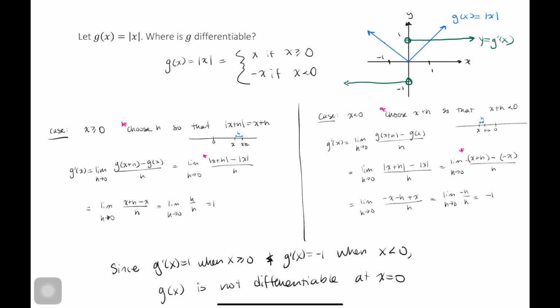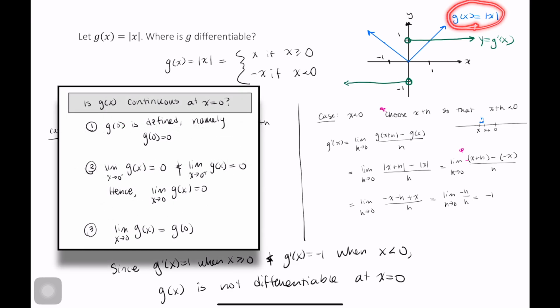Now, the key concept to take from this sketch is the idea that the absolute value of x is continuous. There is no discontinuity. The limit from the left and the limit from the right both equal 0 as you approach 0. And the function, the absolute value of x evaluated at 0, is also equal to the limit.